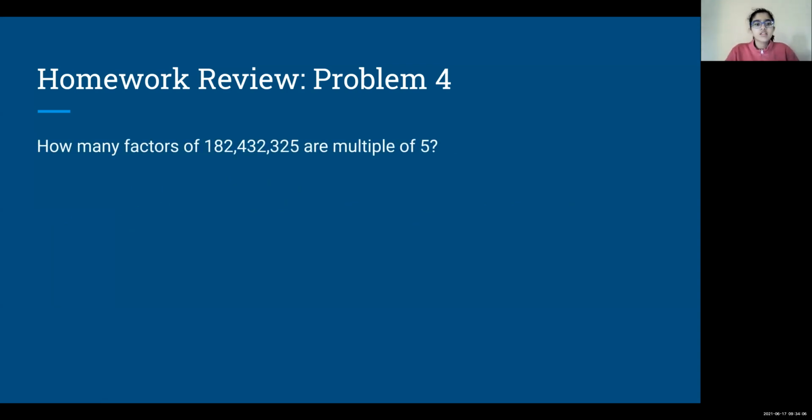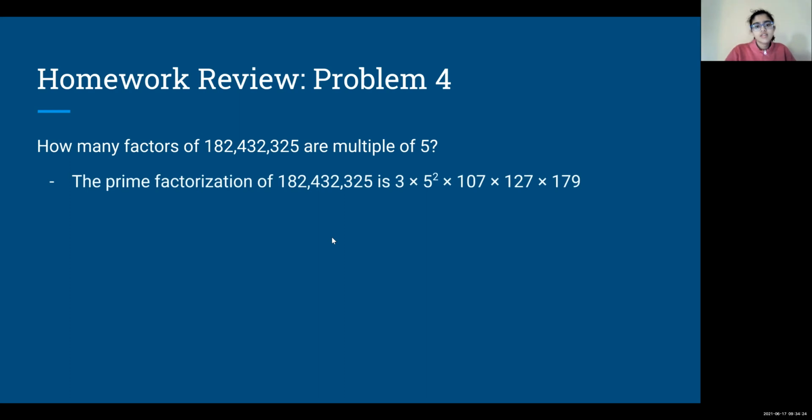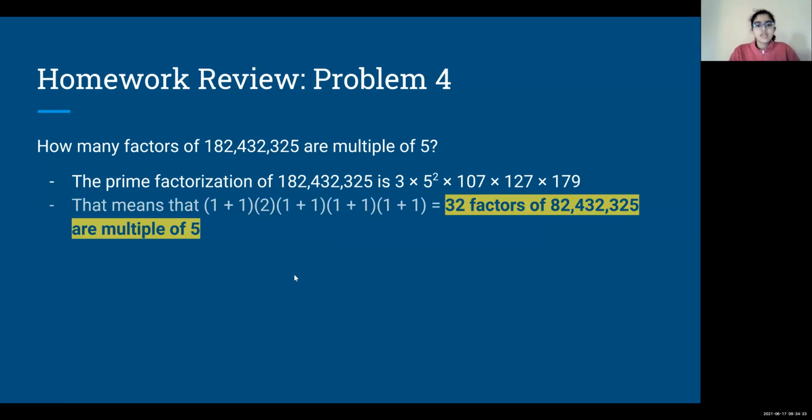Fourth problem, how many factors of 182,432,325 are multiples of 5? So again, in the chat, please type your answers. Okay, so the prime factorization of this number is 3 times 5 squared times 107 times 127 times 179.